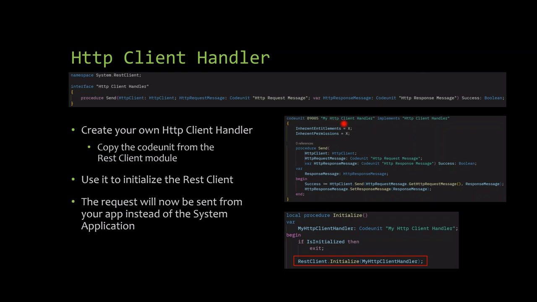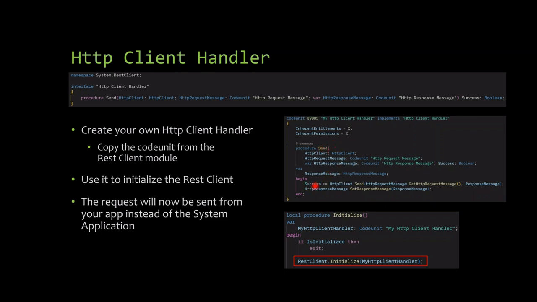I call this one here my HTTP client handler. Of course, it should be prefixed or suffixed with your prefix or suffix that you want to use. And then there is this implements HTTP client handler interface, and there is a function send.